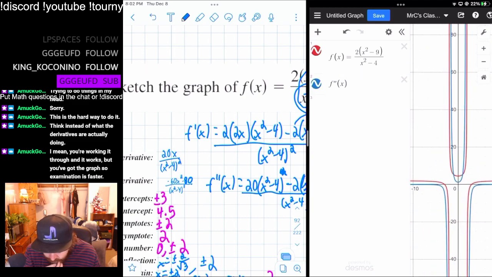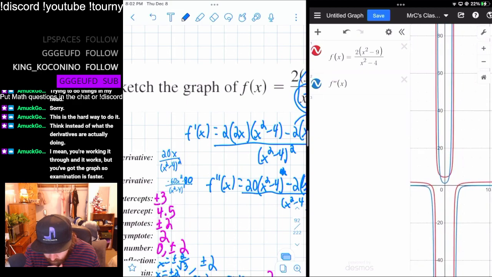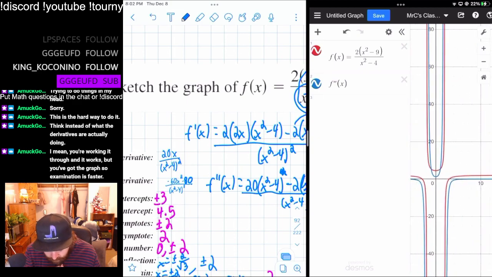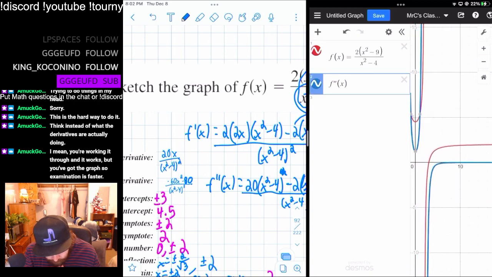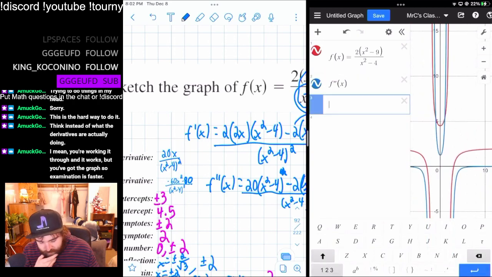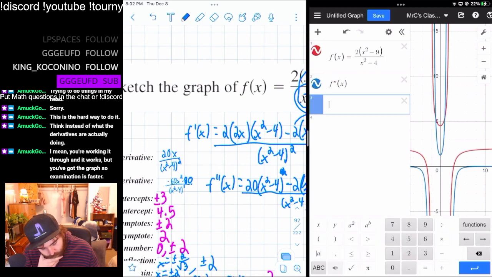No, that's not what we got. Oh, yeah, it is. Yeah, it is. Maybe. But there should be x-intercepts. Let's see. Is that what we got? What's negative 60 x squared minus 80 divided by x squared minus 4?